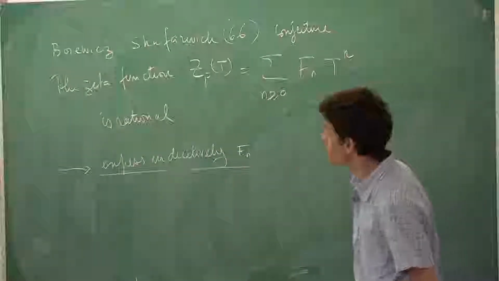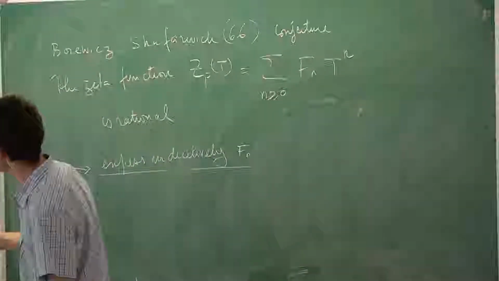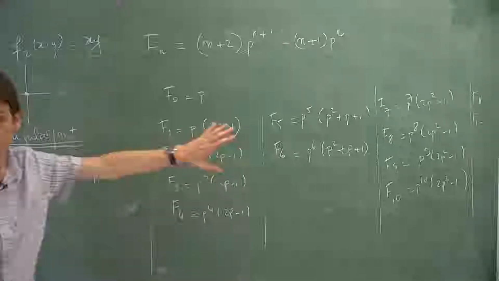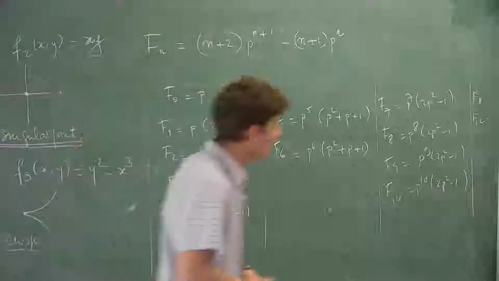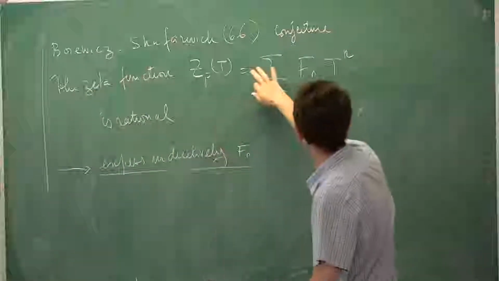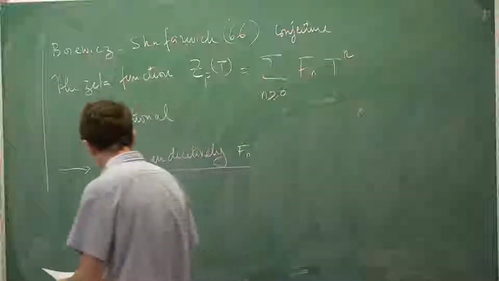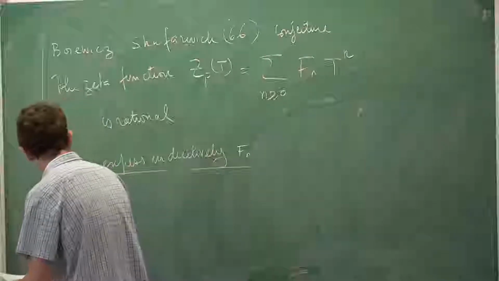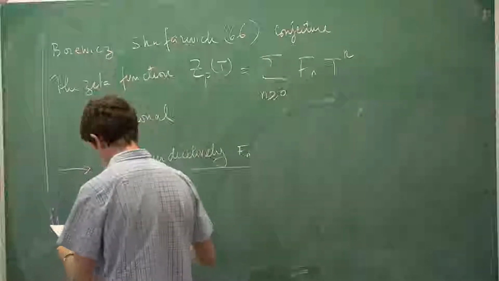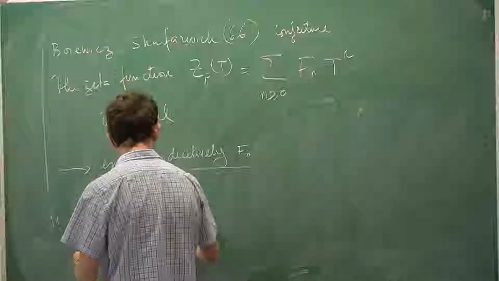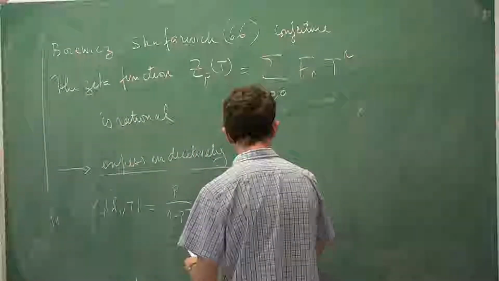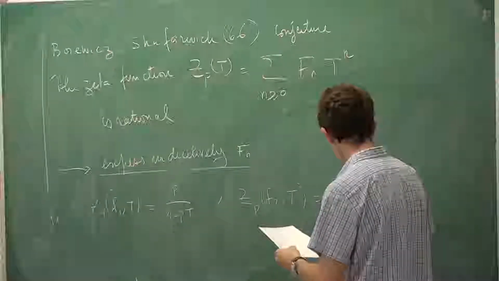The thing I want to show you is that the more complicated the singular point is, the more complicated the formulas are. And if I write you the expression of the rationality of this function, for f1, Z_p(t) is equal to p over this. For f2, you have this kind of thing.